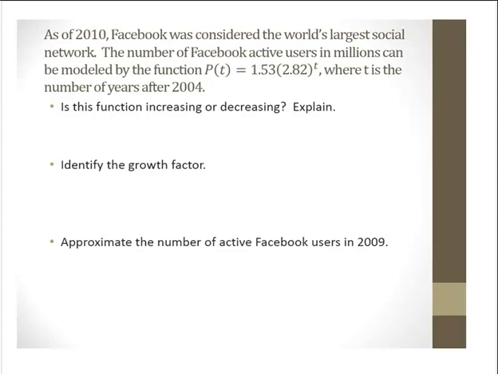Well, if I look at the base, 2.82, that's greater than 1, and there's no horizontal or vertical flip. So this is an increasing function. Base is greater than 1, and we have no flips.